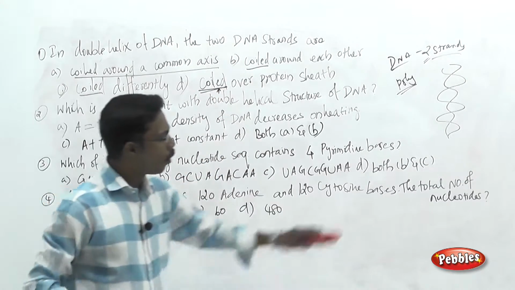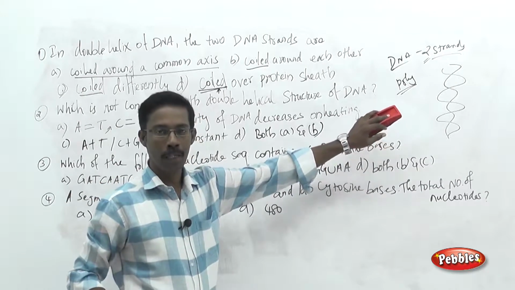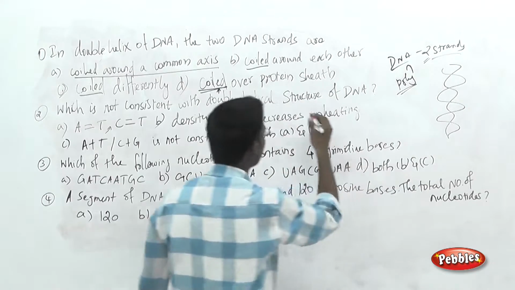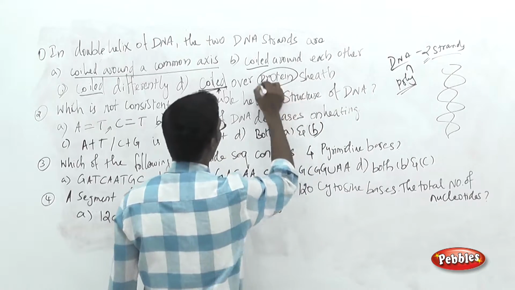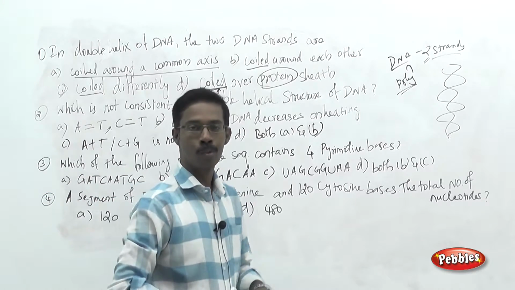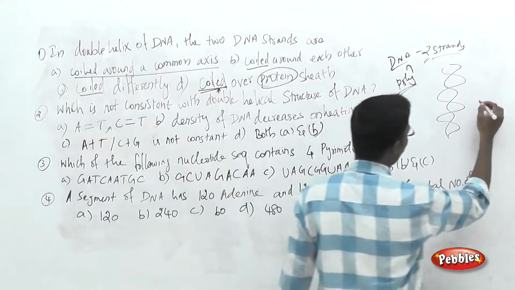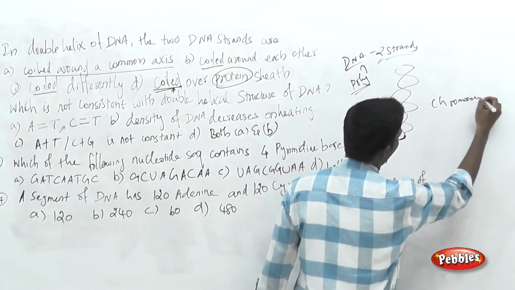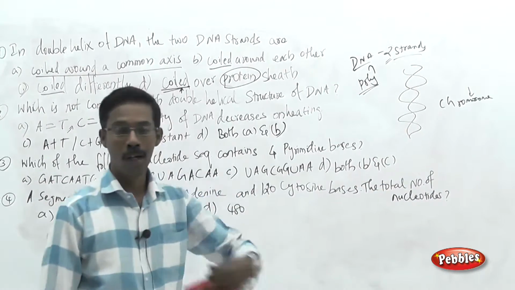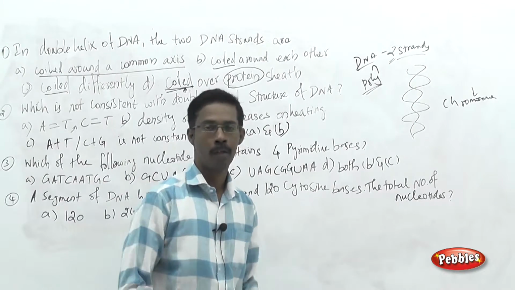Okay, so whenever you are talking about the structure of DNA itself, you are not supposed to confuse it with the protein. Whenever using the terms chromosome, chromatin, nucleosome, you have to remember the DNA is coiled around the protein compound, histones.